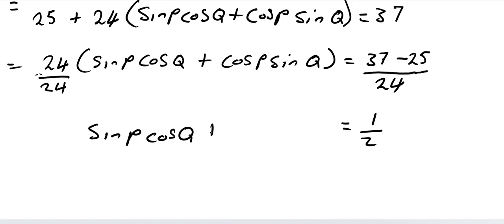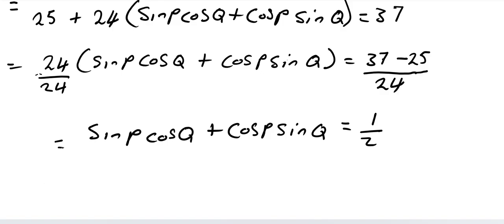And then here we have sine p cos q plus cos p sine q. I want to show you something. This is in your formula sheet. It is a compound angle of sine. Do you get me?